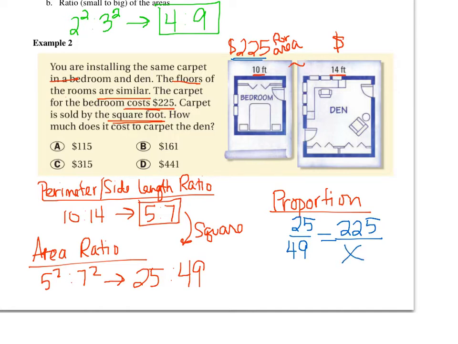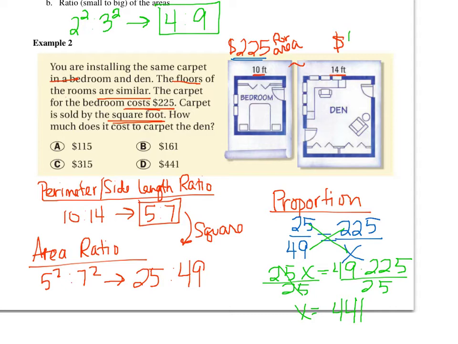If I cross multiply here to solve this problem, I'm going to have 25x equals 49 times 225. Then if I divide both sides by 25, that'll give me my x all alone. So x equals 49 times 225 divided by 25, and you should get 441. So that's $441 for this room, and the answer would be D.